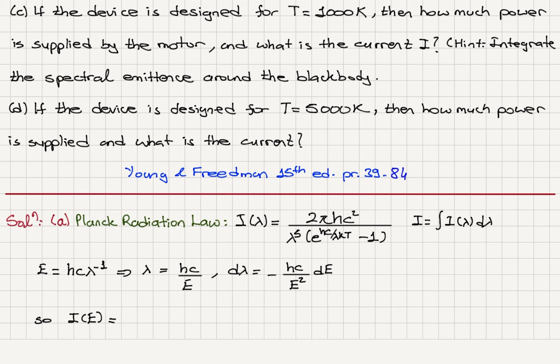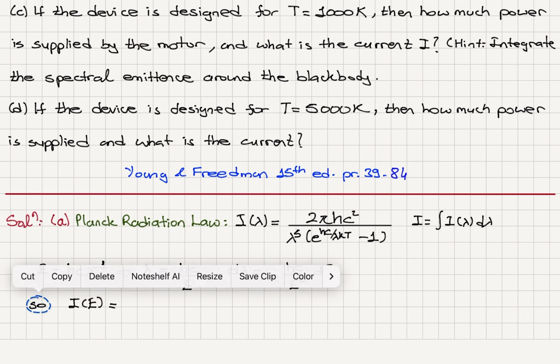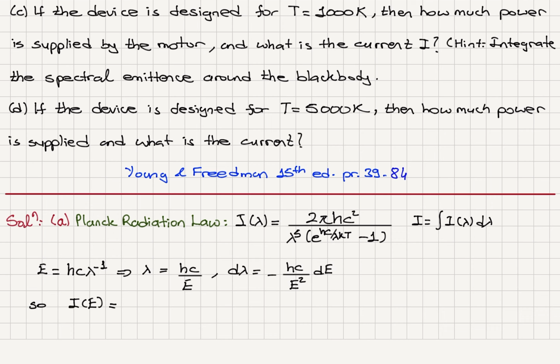The top was 2 pi hc squared, so that stays as 2 pi hc squared. So let's do that here: 2 pi hc squared divided by lambda to the fifth power.